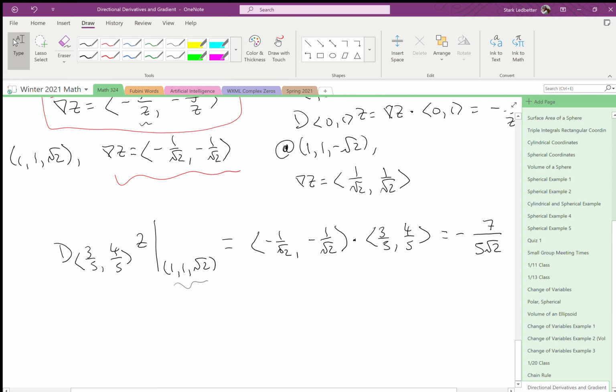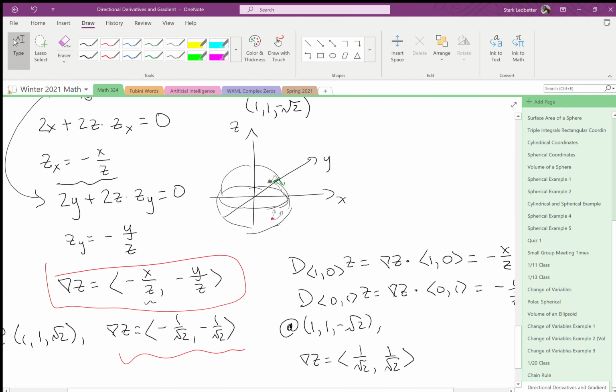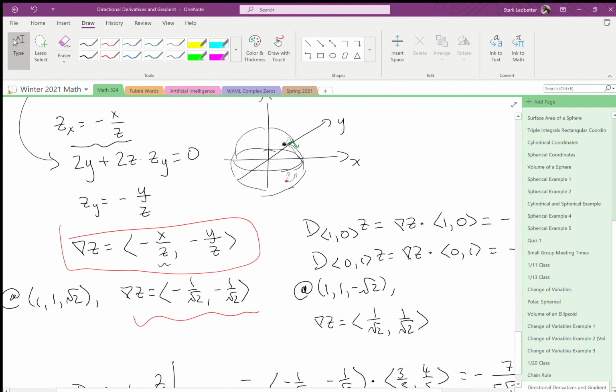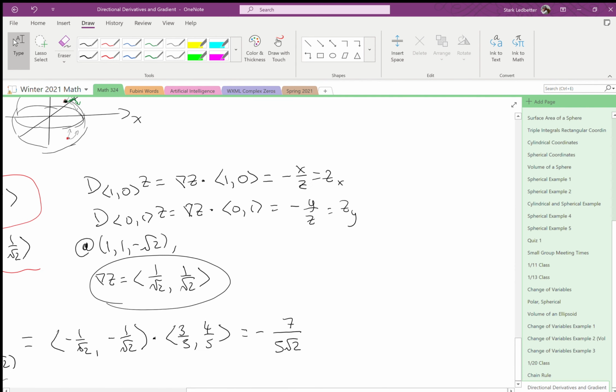Okay, and then what does this mean? If I go to that point, 1 comma 1 comma root 2, what's the direction I walk in for maximum positive steepness? I have to walk in the same direction as the del. It turns out this is actually a unit vector. You can check that. So walk in the direction 1 over root 2, comma 1 over root 2.